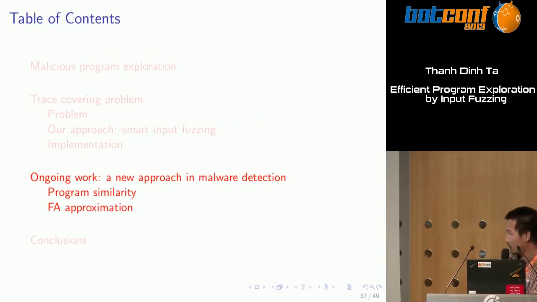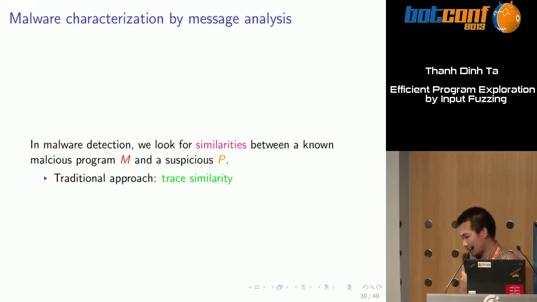I will give you a few words on our ongoing work, where we propose a new approach in malware detection. The traditional approach in malware detection compares the similarity between a known program and an unknown program, and when we see that the traces have something similar, for example some pattern, we say that two programs are similar.